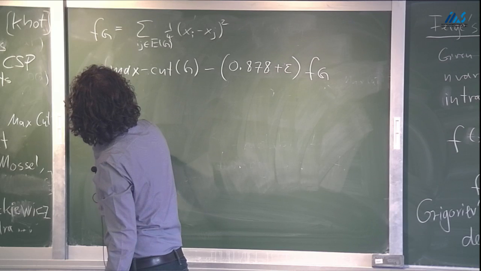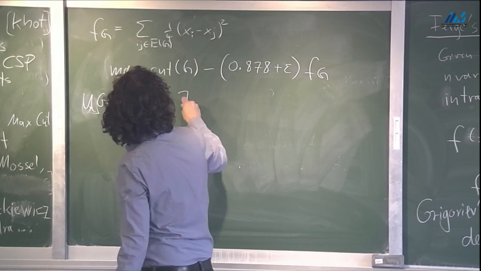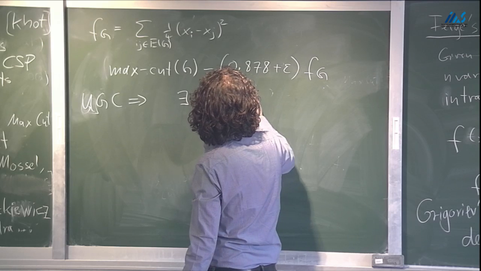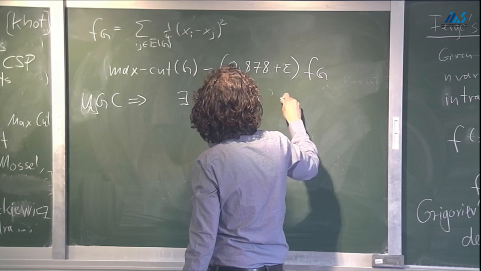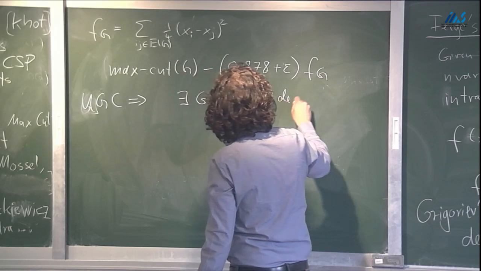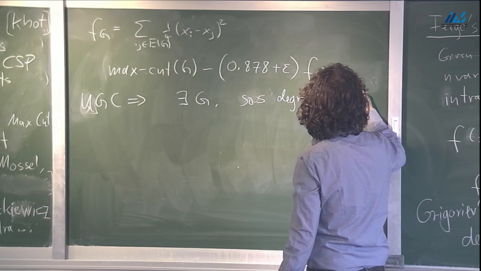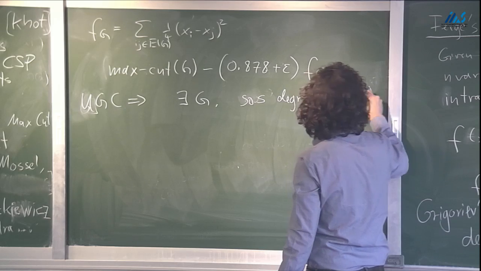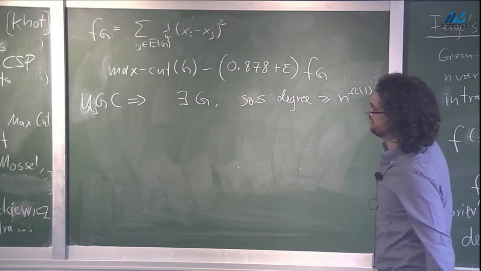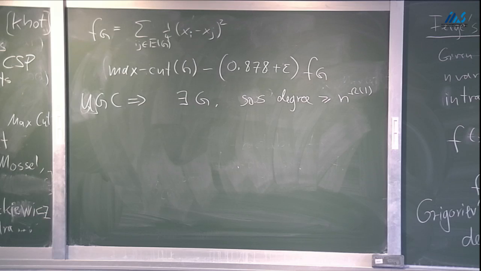So if the Unique Games conjecture is true, then there exist graphs G such that this function here has sum of squares degree at least n to the order 1. This is under some conjectures, similar to P not equal to NP.